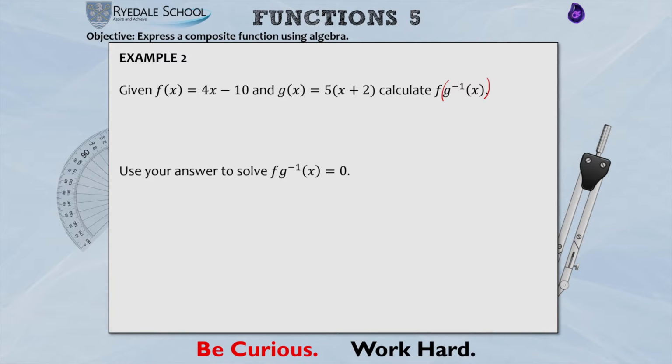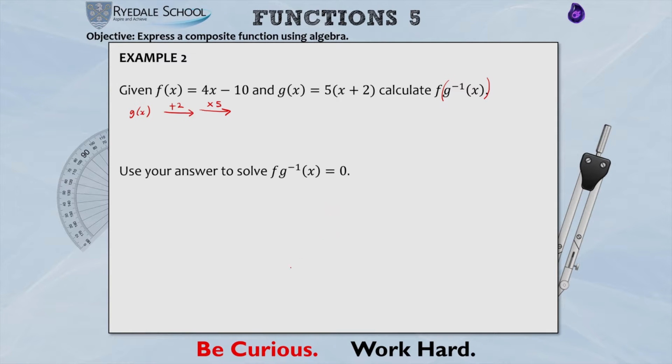So what I'm going to do is I'm going to work out what that inverse function of g looks like first. And because I prefer doing it this way, I am going to use flow diagrams. So what does g of x mean? It means that I'm adding 2 and then timesing by 5.